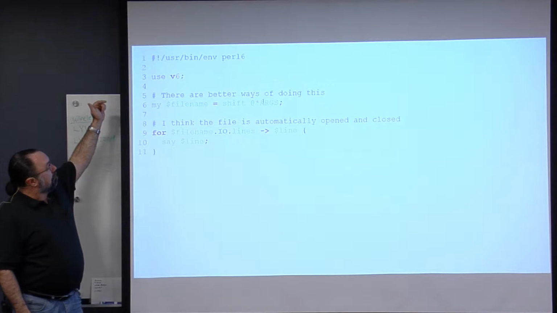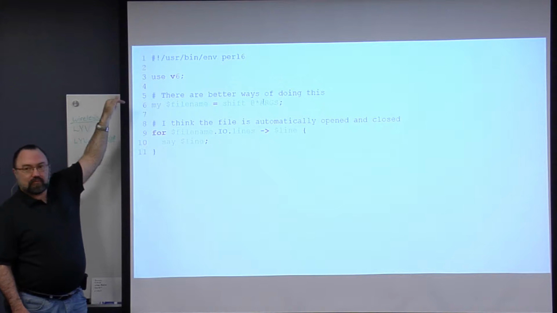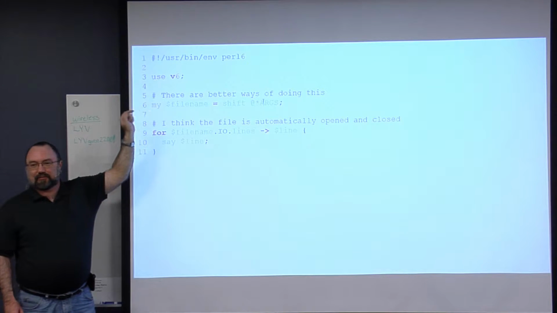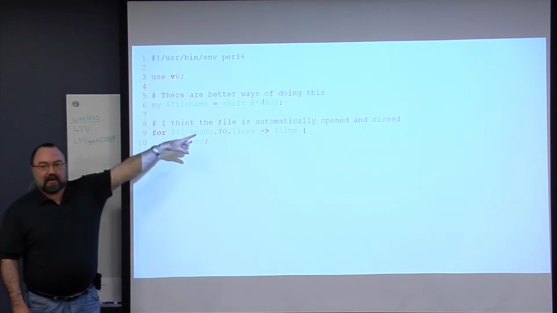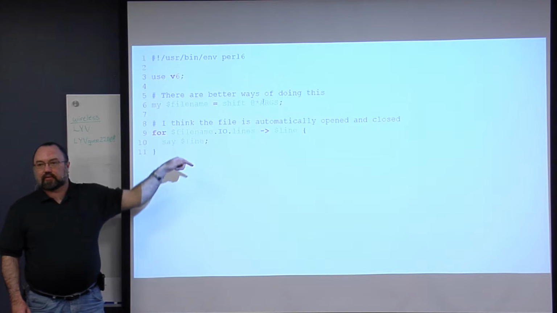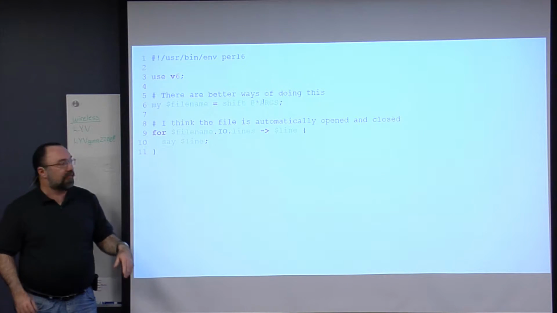Now, the reason I put a disclaimer here is that this is really not a Perl 6 way of doing this. There are better ways, but I'm doing it this way because it's more like how you would do it in Perl 5.